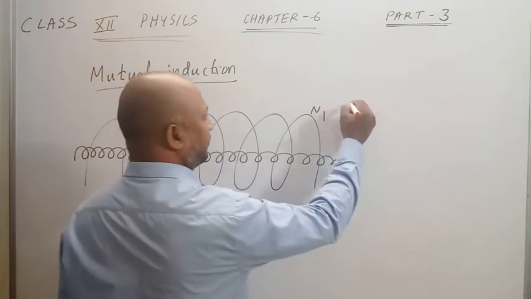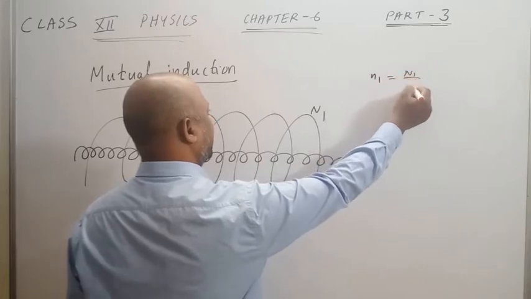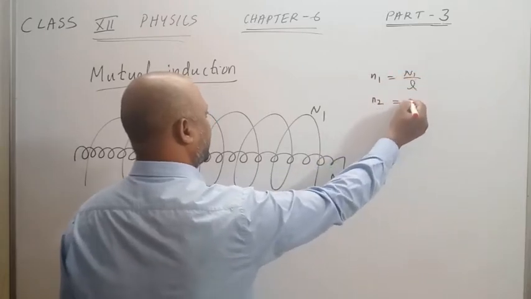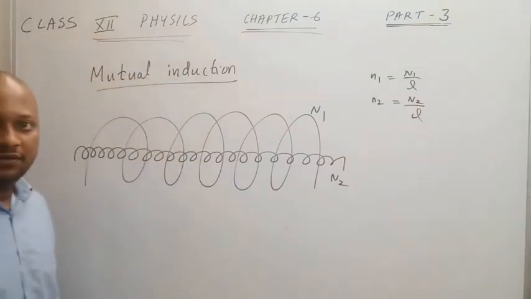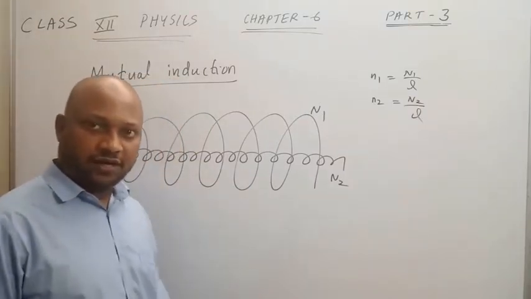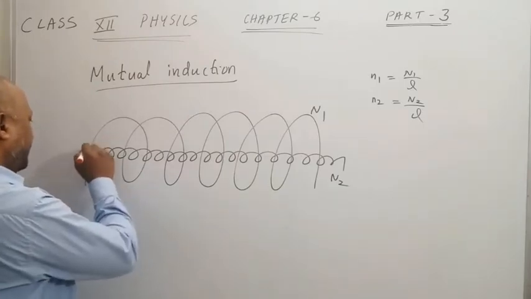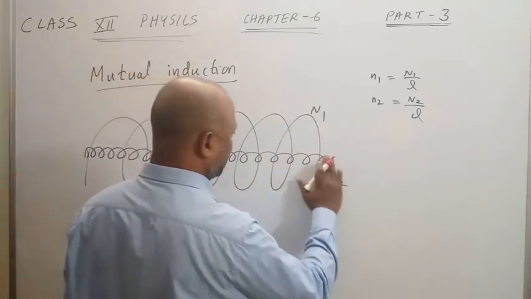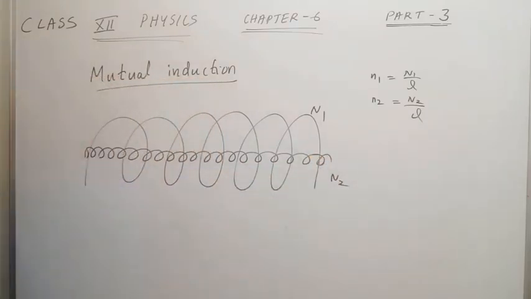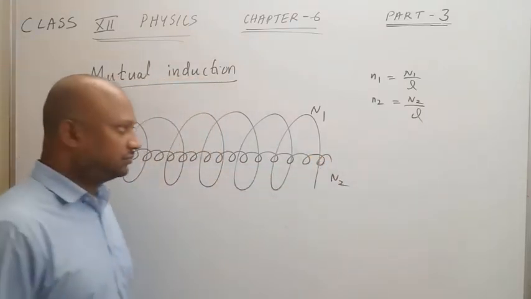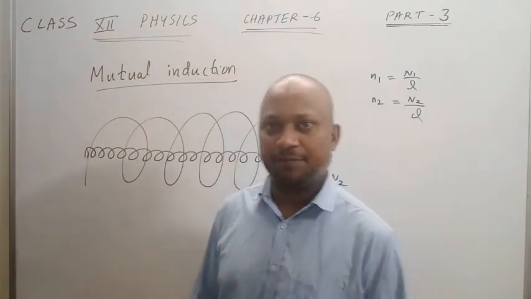So n1 can be written as N1 upon l, or n2 as N2 upon l, where l is the length of both the solenoids. The length of both the solenoids is the same.